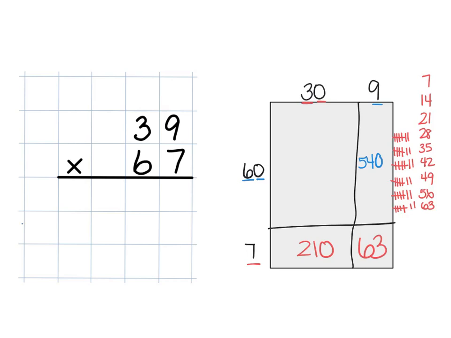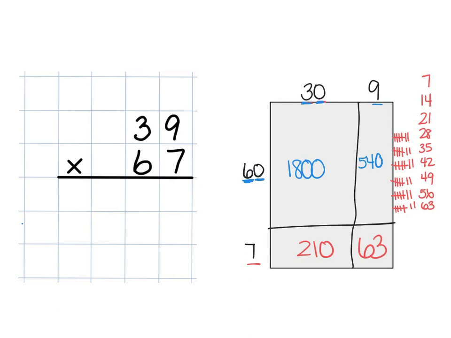And the last thing we're going to do on the area model is 30 times 60. So we can take 3 times 6 and get 18. Then add the 0 from the 60 and the 0 from the 30.